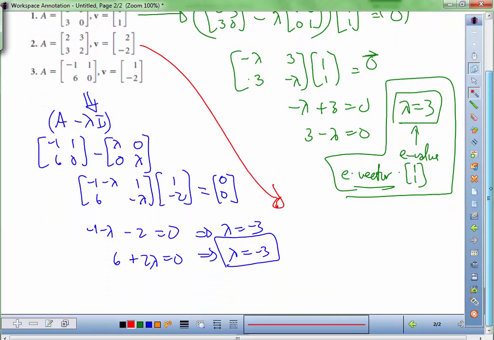Well, yeah, because if you take A and apply it to the vector V, which is supposed to be your eigenvector, this should equal lambda V, right?